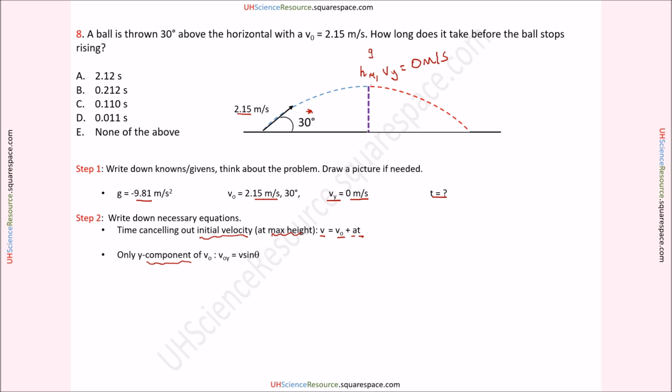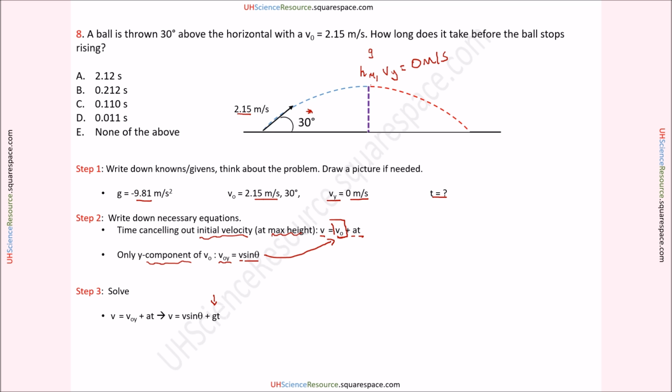And so we're going to modify our equation to specify that it's going to be just in the y component. So our initial velocity in the y direction is going to be equal to the initial velocity times sine theta. And so instead of just the initial velocity, we're going to use the velocity times sine theta. And that's what we get here. And we are going to specify that since it's projectile motion, the acceleration is going to be gravity. And so we put in g.